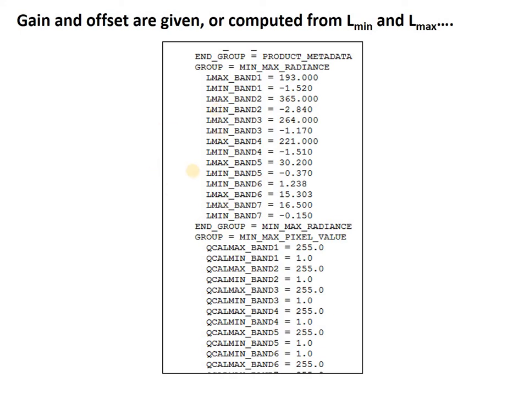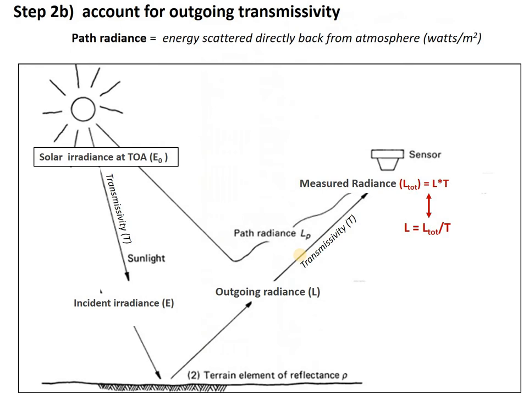And then here, instead of using the term DN, they're using QCal max. So they're basically saying band 1, the digital numbers for band 1 go from 1 to 255. So that's where you can find some of that information. If you're doing the worksheet, some of this is given to you in the worksheet. Okay, great. So we got this number L tot in radiance.